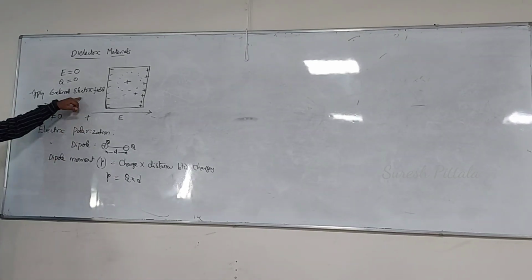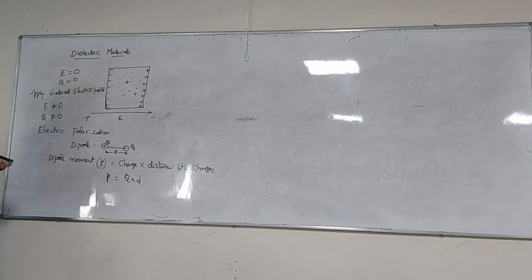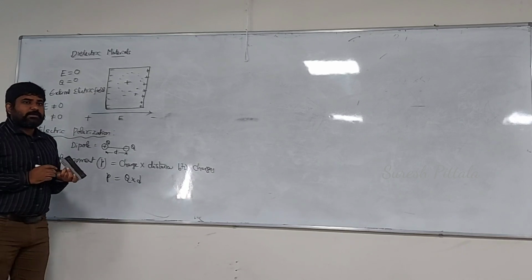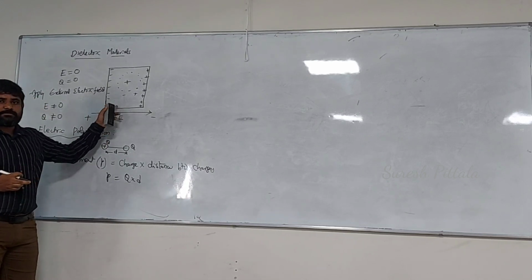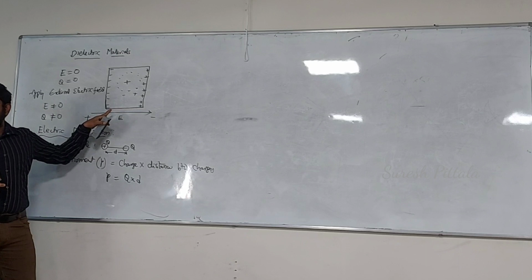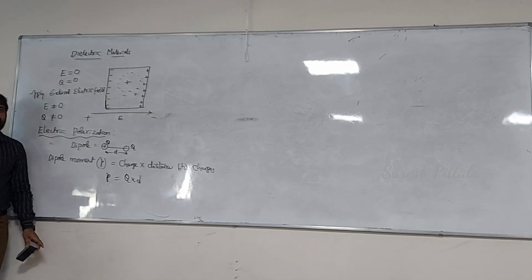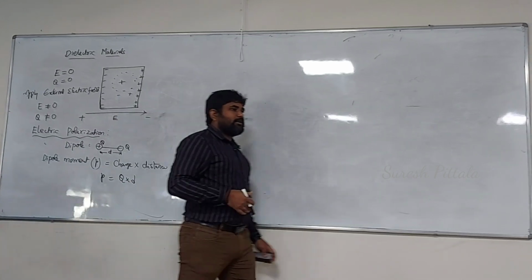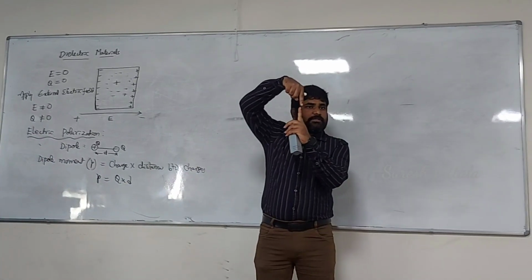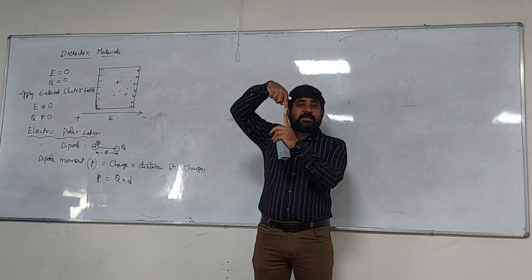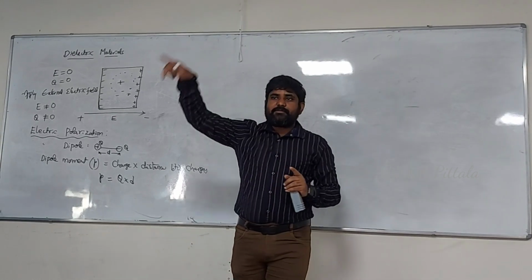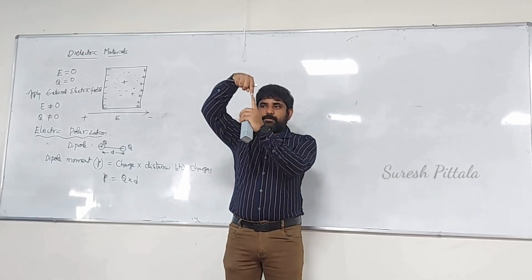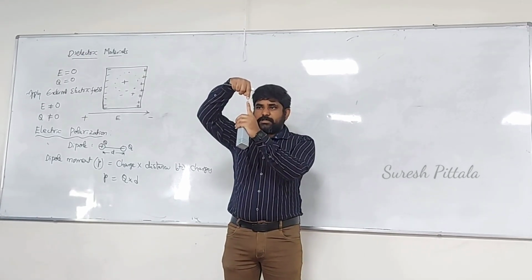Now electric polarization phenomenon is nothing but you are simply creating dipoles. See here, right? Previously, in the absence of the electric field, the positive and negative charges are at the same point. That's what I said. The center of gravity of all the negative charge is at this point. Similarly, the center of gravity of the positive charges is also at the same point.